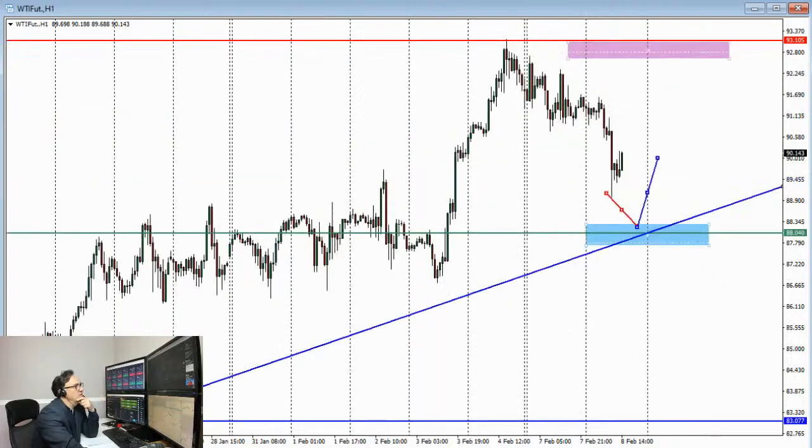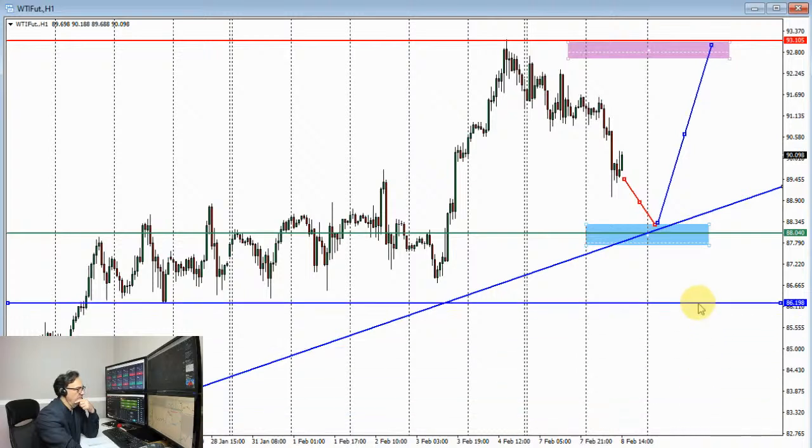What traders would likely want to do is see a pullback to $88 per barrel, and then look for a bounce off that. I am in that group of people who would likely be looking to buy oil again around 88.